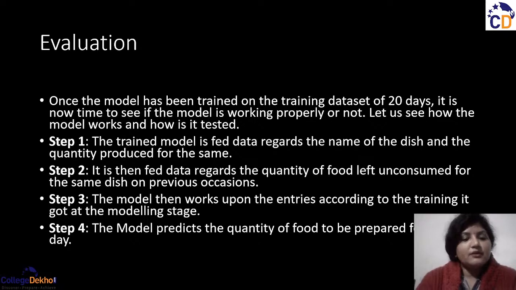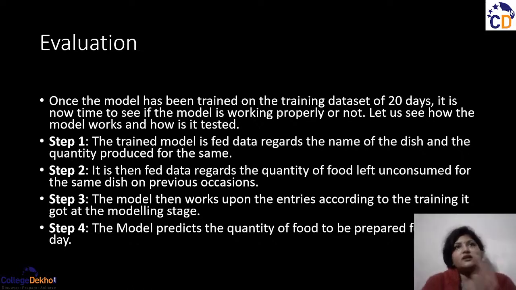Step 4, the model predicts the quantity of food to be prepared for the next day. Now based on your three factors, you are training the model and you are checking it at the same time whether it is giving the accurate output or not.